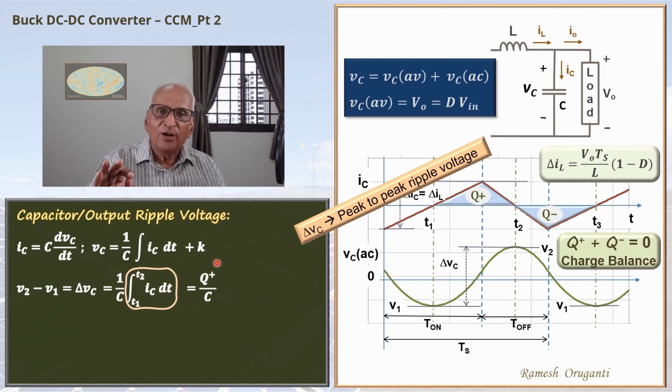Notice one simple trick we are doing. So far we assumed that the output voltage is constant, V0, pure DC. We found the inductor current, everything. And then we are saying now, wait a minute, inductor current has a ripple and that ripple current flows through the capacitor. So if the ripple current flows through the capacitor, there should be a ripple voltage.